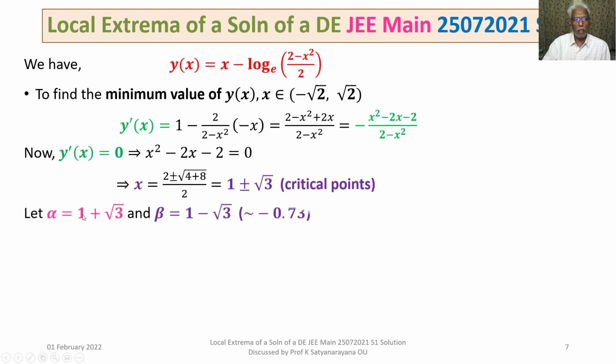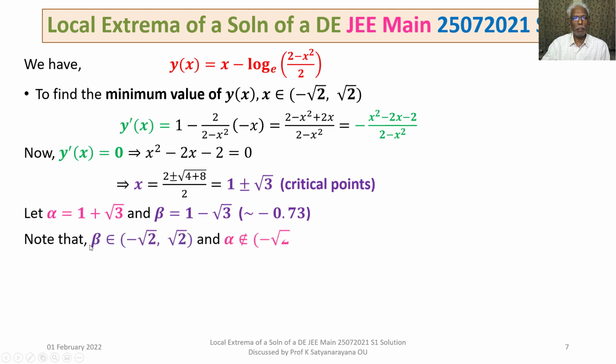Let's call alpha as 1 plus root 3 and beta as 1 minus root 3. And look here, root 3 is 1.73. Everybody knows 1 minus 1.73 is approximately minus 0.73, and 1 plus root 3 is greater than 2.